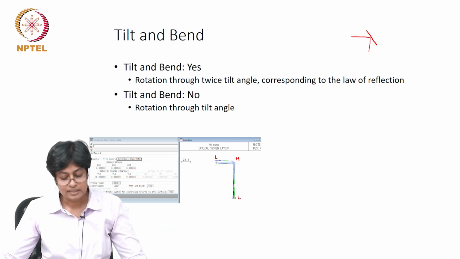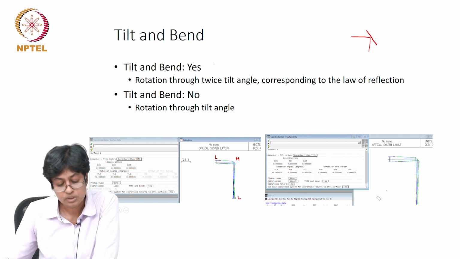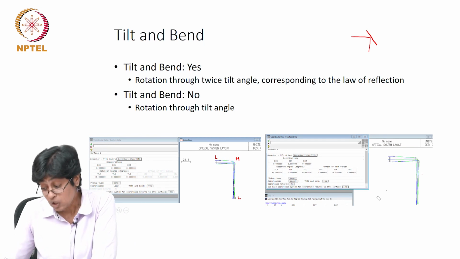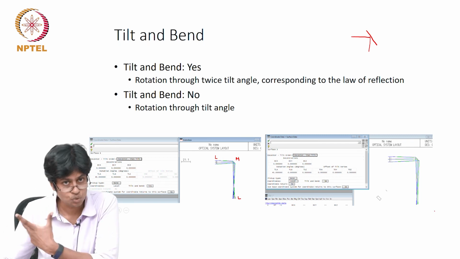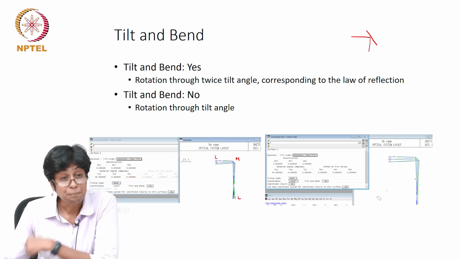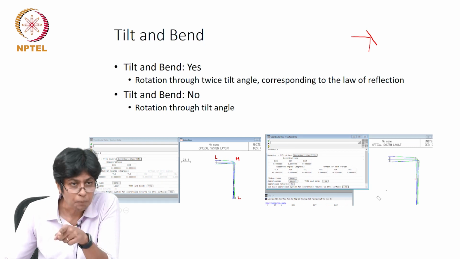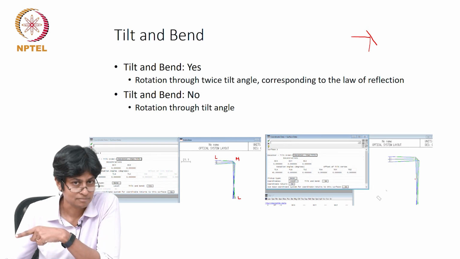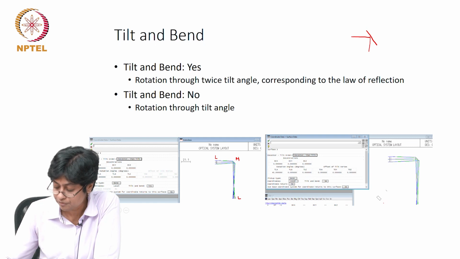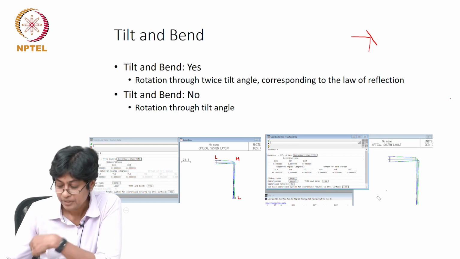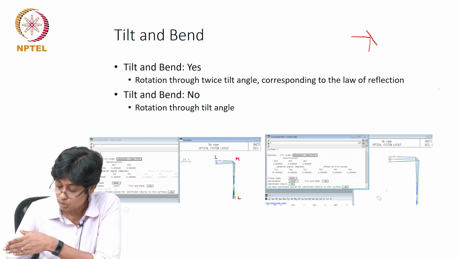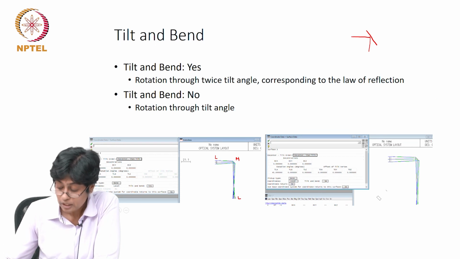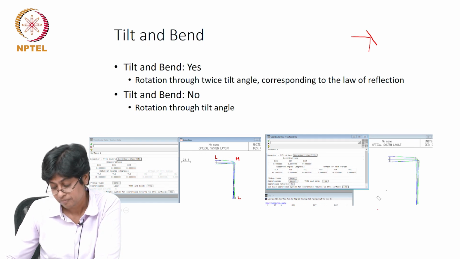Okay. In the same system, if I had chosen tilt and bend no, because there's a mirror here, the light has to obey the law of reflection. But I don't necessarily need to put my components in that direction, right? So the components have followed just where the angle took them, the natural theta. Say this is a local coordinate system. So you can see it says it's local. So I said theta, and these are placed at an angle theta, right?